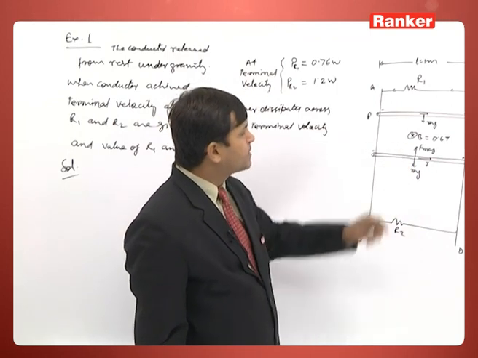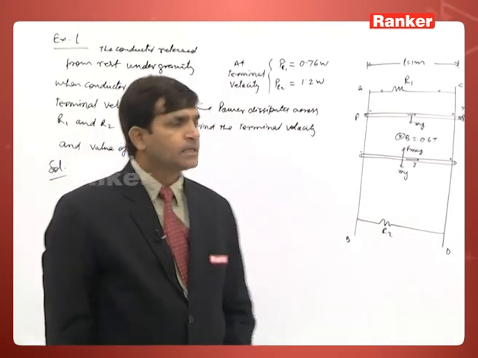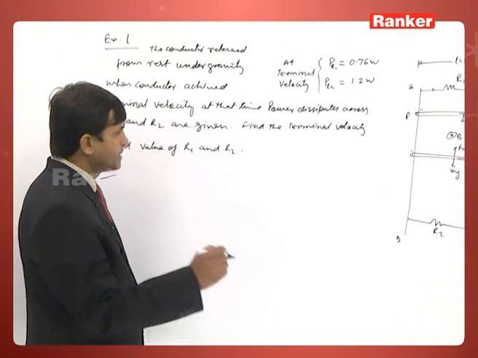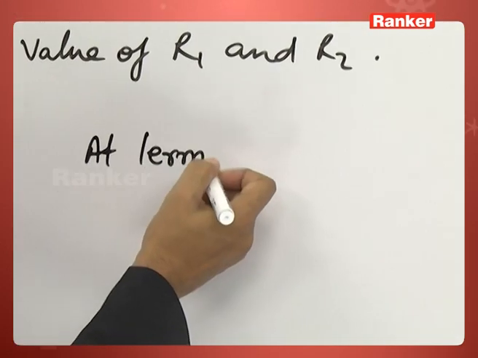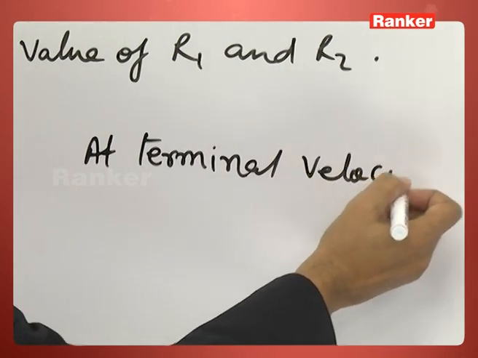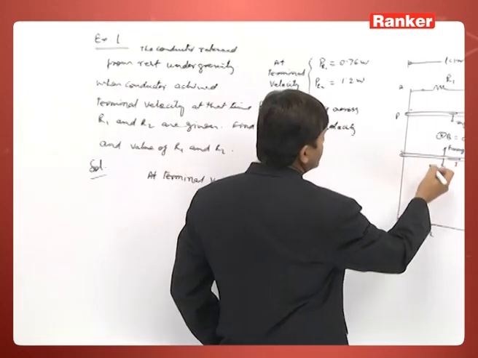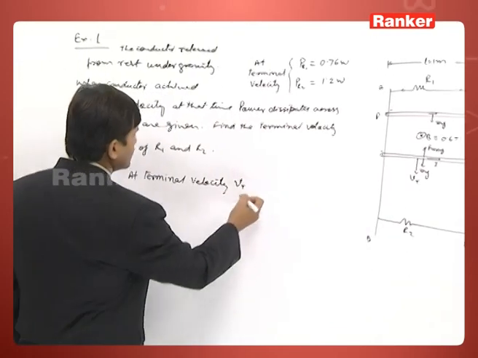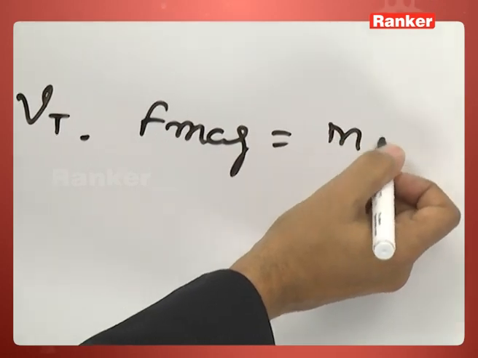It means mg must be equal to the magnetic force F. Then we can get an idea about what the terminal velocity could be. So at terminal velocity, which I am considering as Vt, the magnetic force F is equal to mg.